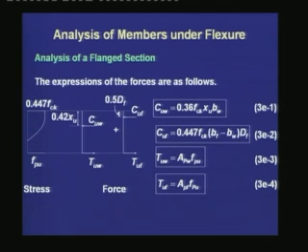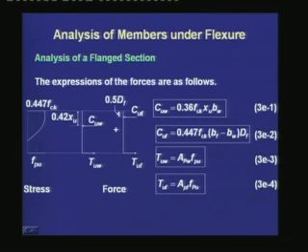Before that, we are writing the expressions of those resultant forces. CUW is calculated from the design stress strain curve of the concrete, and it is given as 0.36 FCK times XU times the width of the web, which is BW.